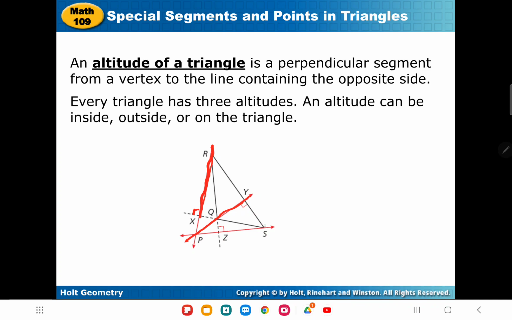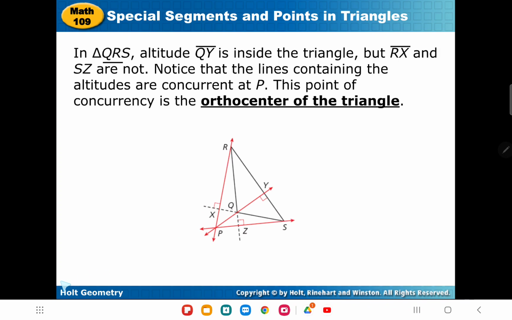Similarly, for the altitude going from the line containing side RQ up to vertex S, that is also outside of the triangle. So that means that special point of concurrency is going to be located in different places.